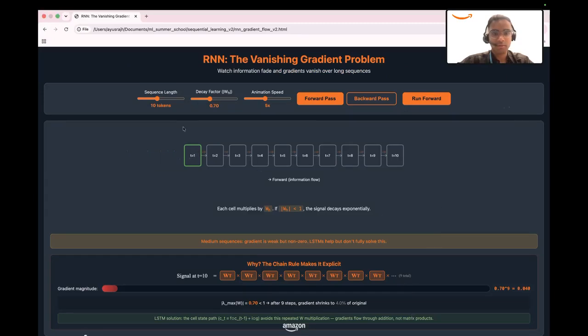Now, for an example, I have the weight matrix's absolute value over here, the modulus of it, to just show how the decay happens. Over here, I have 10 tokens, and we are doing some repeated matrix multiplications, which is done in recurrent neural networks.